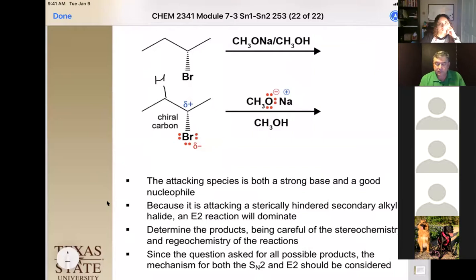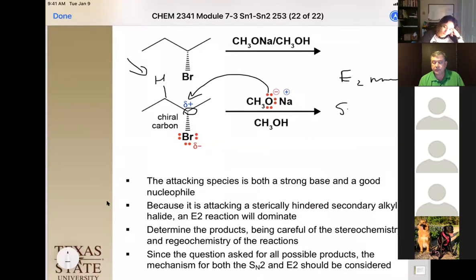The substitution product is going to come in here, but the base can come way out here. So because this is a secondary, E2 is going to be predominant, major, with SN2 being minor.